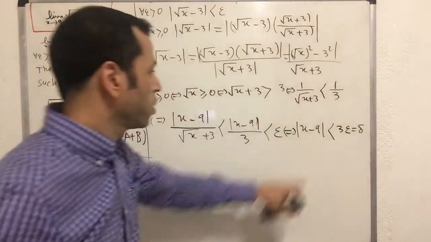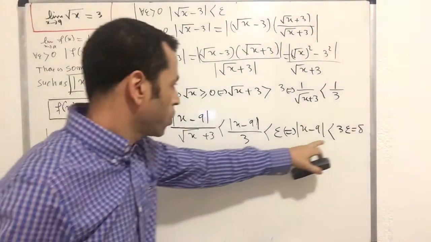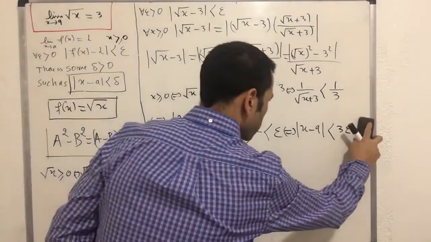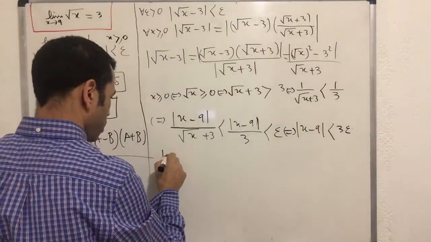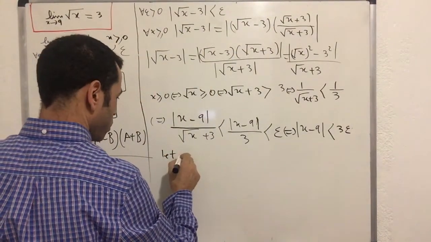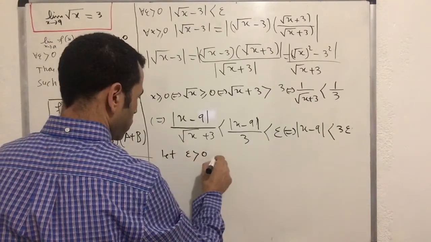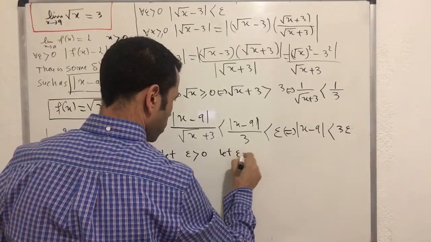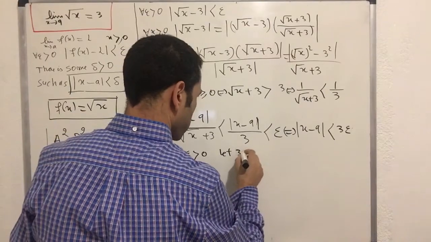You see? Now we proved this inequality. We are given 3 epsilon equal to delta; let's put it on the other side to make it very clear. Let epsilon be superior than 0 and given, and let delta equal 3 epsilon.